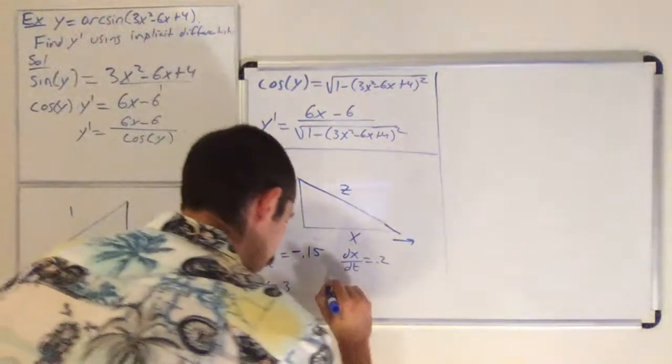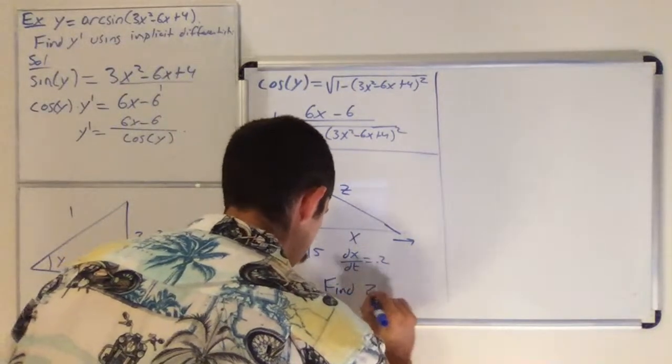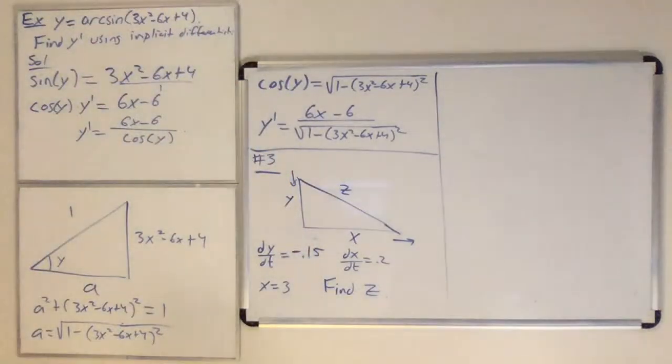Yeah, so find z. Okay, so this is a related rates problem, clearly. Is there a way to relate all of these variables?